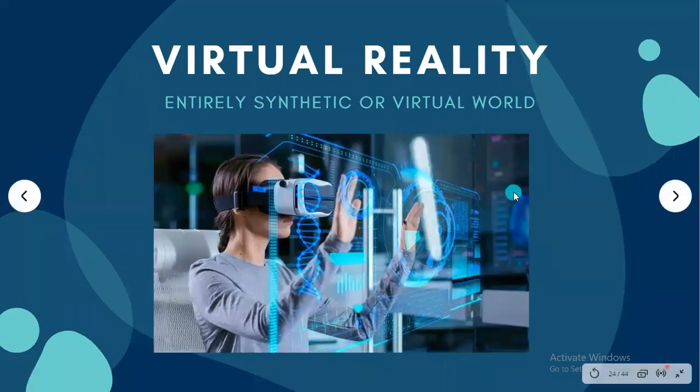virtual reality. In the case of virtual reality, the reality would be entirely synthetic. The world you are going to see would be entirely synthetic, and you might be using virtual reality boxes, VR boxes, which are available online for free.